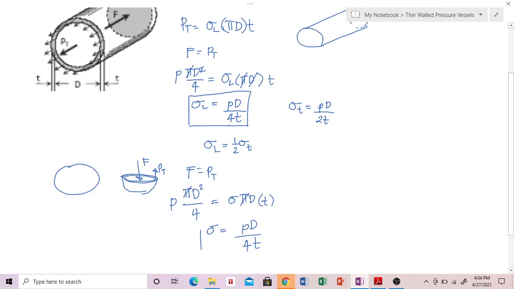So, kapag spherical vessel, ito naman yung stress sa material. Uniform naman yan kasi nga sphere siya, unlike kapag cylindrical, meron kang longitudinal stress, meron kang tangential stress.